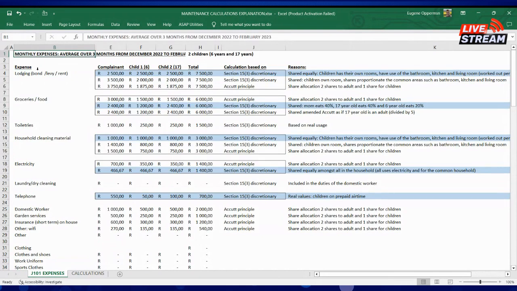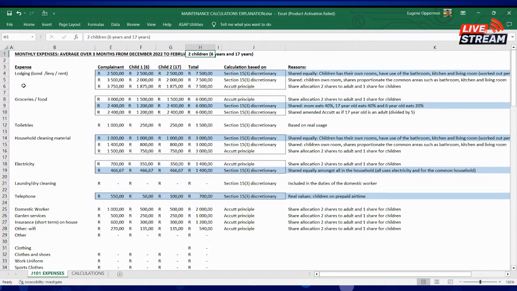But I make a note at the top to say that I've taken 3 months of expenses, the average over 3 months, for example, from December to January, to calculate these. This is based on the mother and 2 children, ages 6 years and 17 years old. This is just by way of example, so that you can see how we can change the figures to make them more clear and more reasonable and more fair.